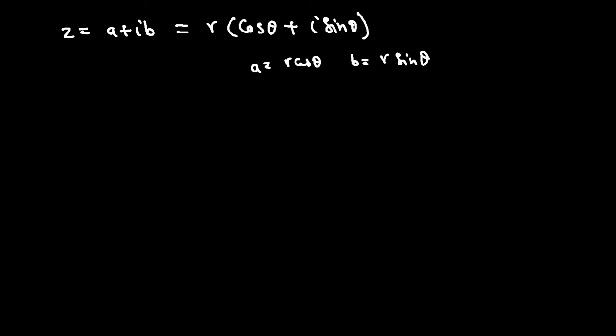So let me write a few values over here. Let's draw a diagram so that it will make more sense to you. Okay, so I got a number over here, say (a, b). Then this is my modulus.